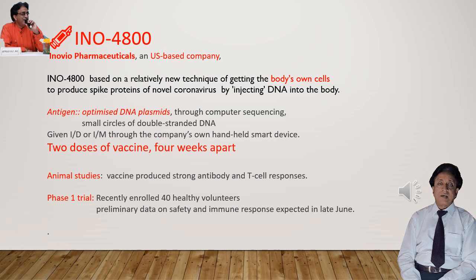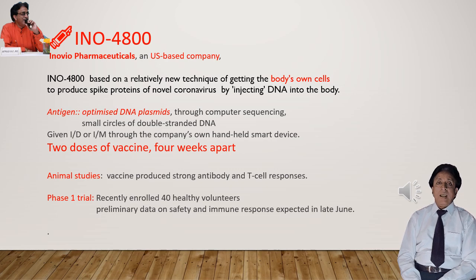Third frontline candidate among the vaccines is INO 4800, which is being developed by Inovio Pharmaceuticals, a US based company, and it is a vaccine which is based on a relatively new technique.